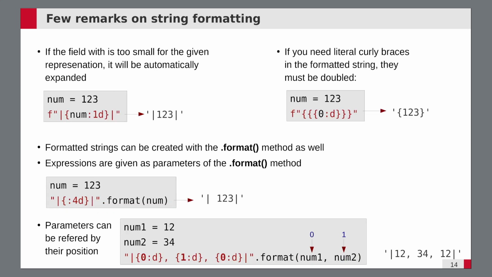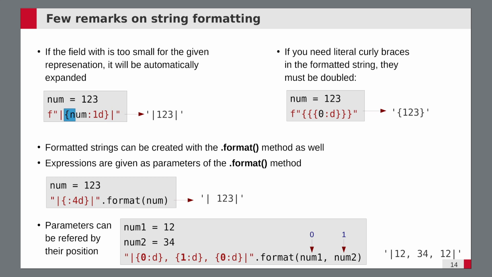There are only a few things I would like to show you, a few remarks on this string formatting. One thing is that if you set the field width incorrectly to be too small, then what will happen is, here we are creating an f string with a bar character.